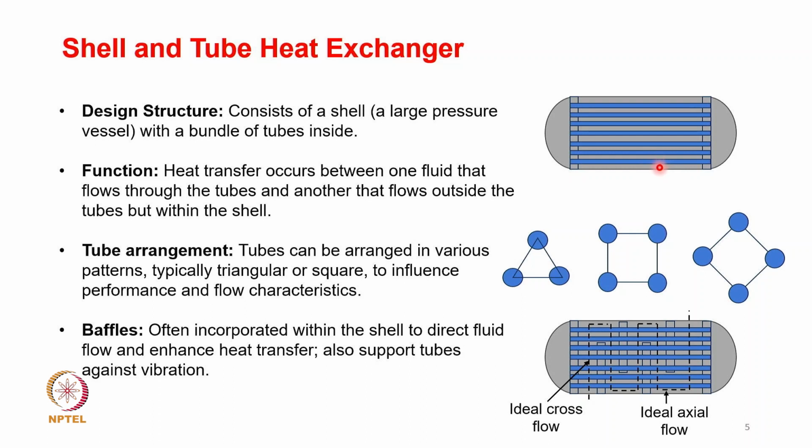So this shell is a large pressure vessel inside which you have kept a lot of tubes, or rather tube bundles. So this is how it looks, and how heat transfer happens.